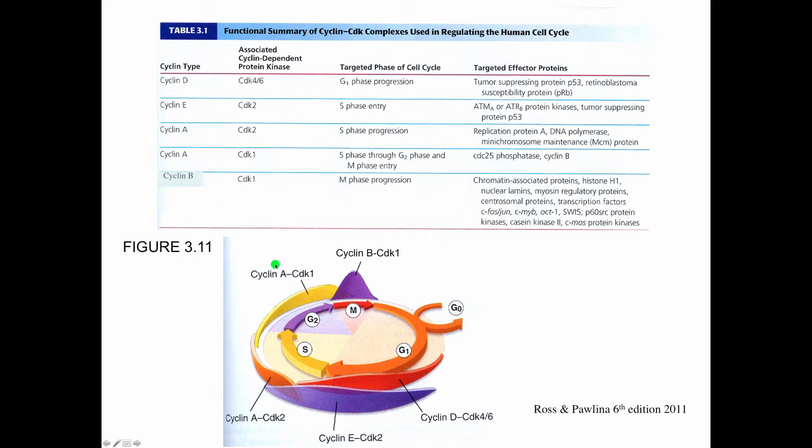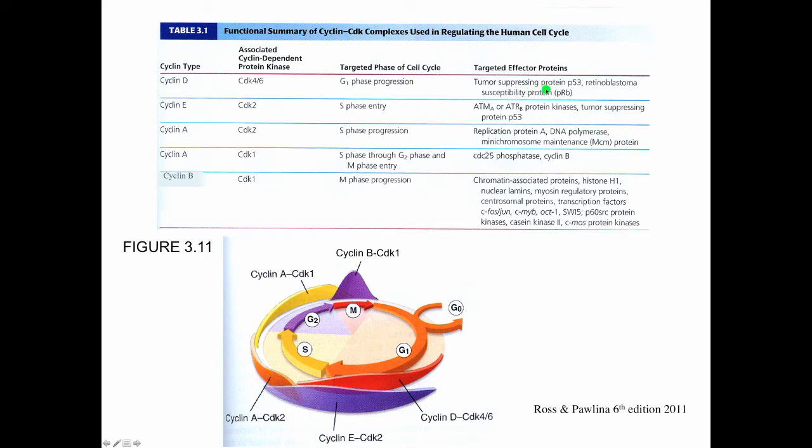First of all, the figure shows you in general where the cyclin and cyclin-dependent kinases are active in the cell cycle, tracing through from G1 through S, G2, and M. And then the table shows you some of the targeted phases of the cell cycle where these cyclins and cyclin-dependent kinases operate, and gives you an idea in broad scope of some of the effector proteins that are targeted.